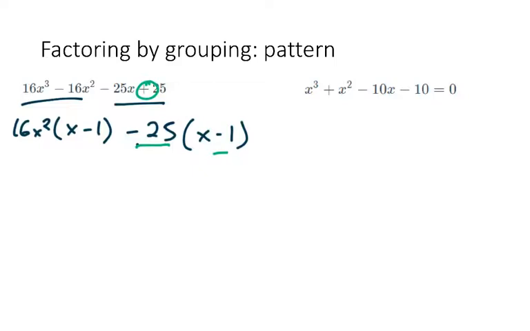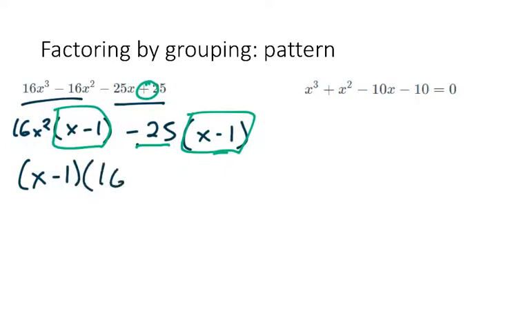So now we have this thing that we can factor out all together like we've been doing before. Notice it's similar to that meta pattern stuff. That's x minus 1 times 16x squared minus 25.